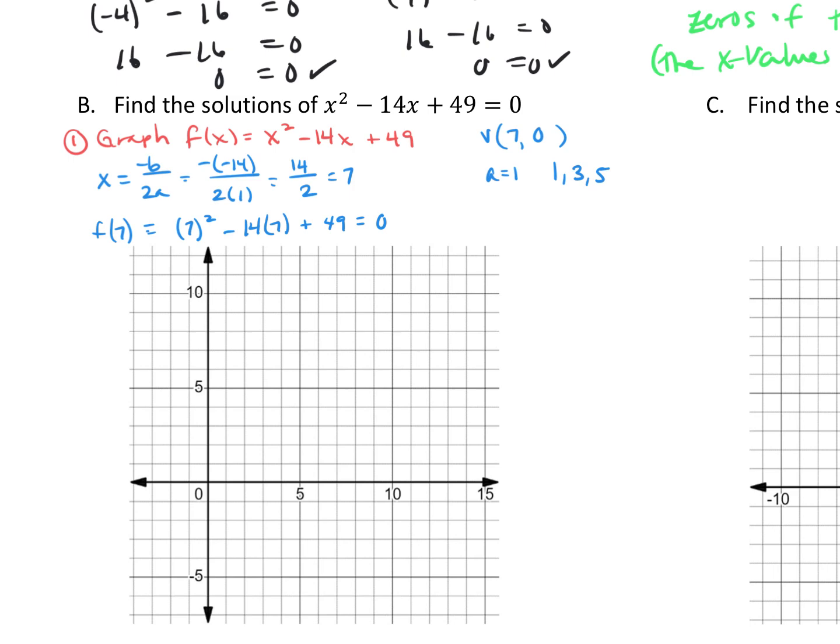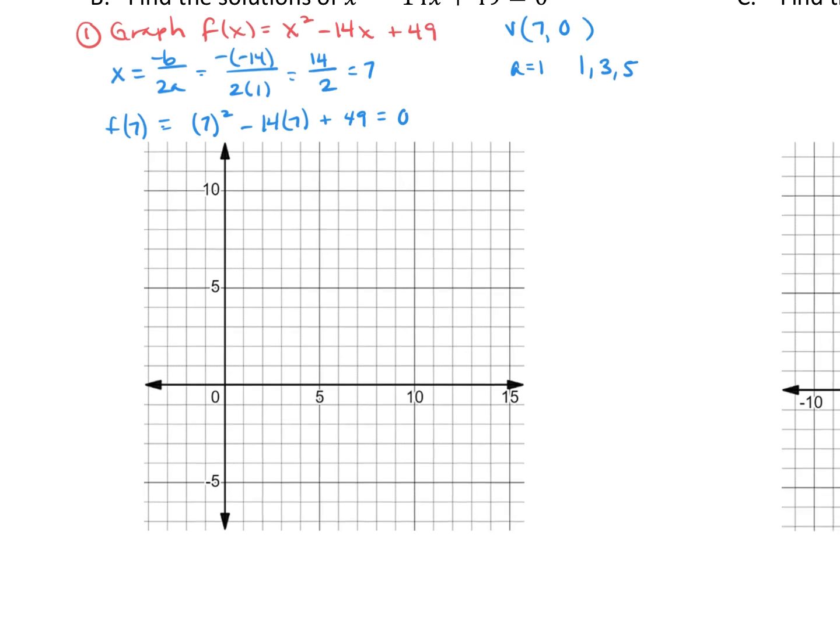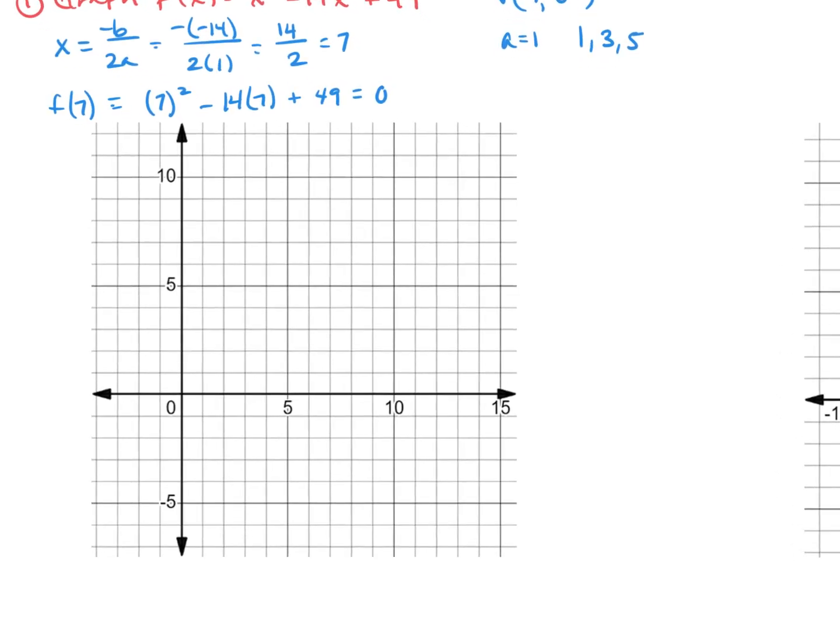All right, so if we go to our graph, we said that the vertex was at 7, 0, so I'm going to go over 7, up 0, plot that point. Our graphing pattern is 1, 3, 5, so up 1 to the right 1, up 3 to the right 1, and up 5, 1, 2, 3, 4, 5 to the right 1. Let's get those reflected points on the other side of the axis of symmetry.